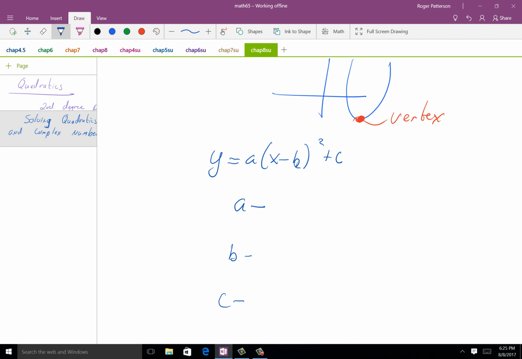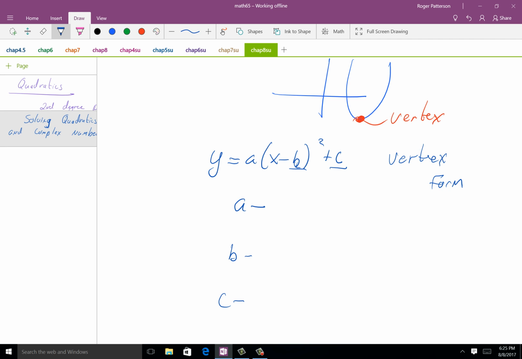Okay? This is called vertex form. Okay? Because the B and the C tell you what the vertex is. And that makes sense because it moves it over and up.